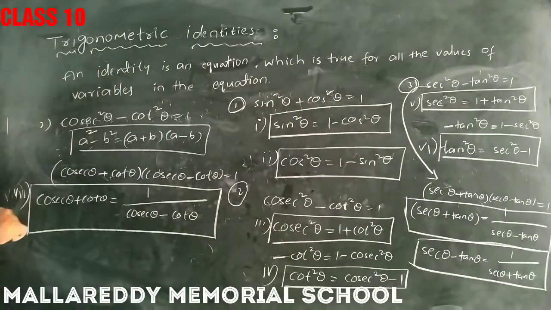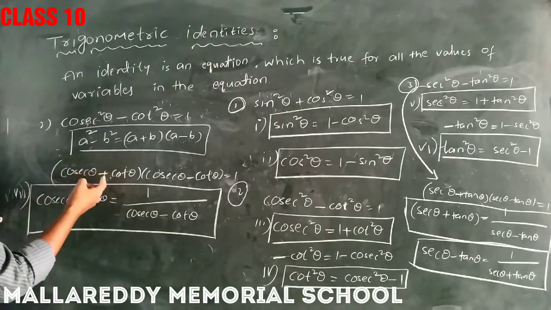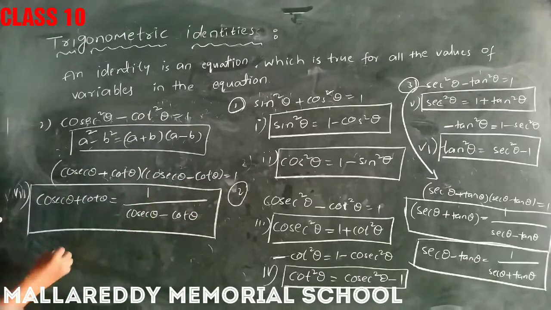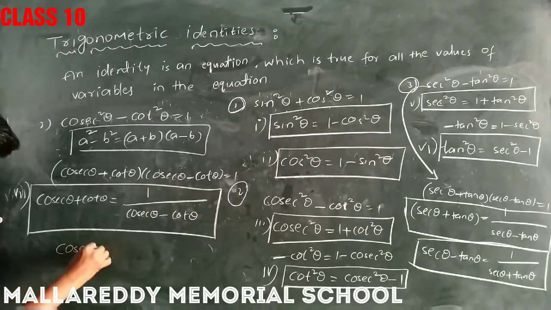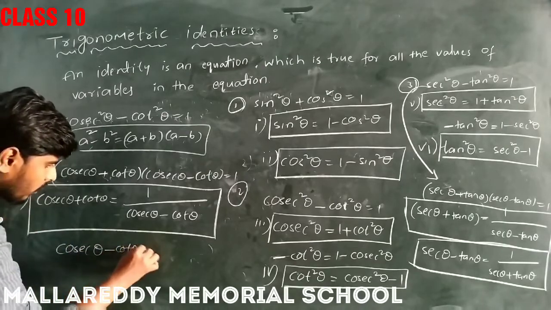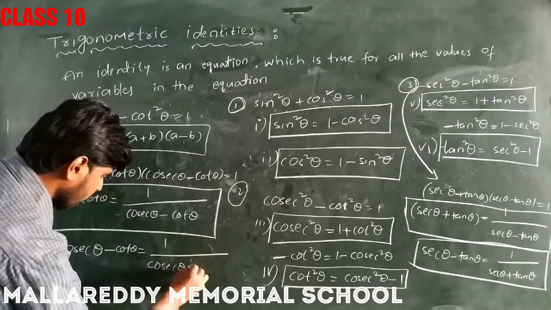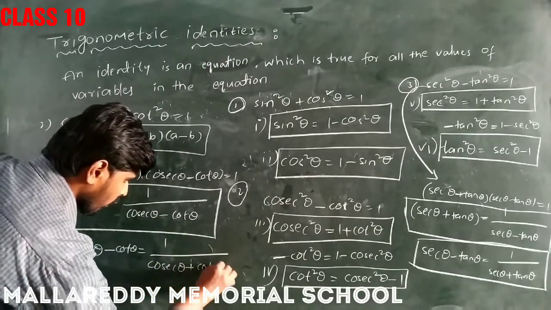Next, the same concept applies here. If I bring this cosec theta plus cot theta into the denominator, cosec theta minus cot theta equals 1 by cosec theta plus cot theta.